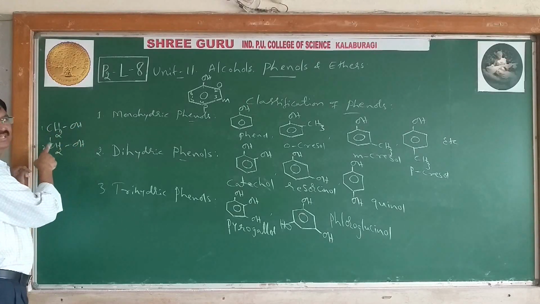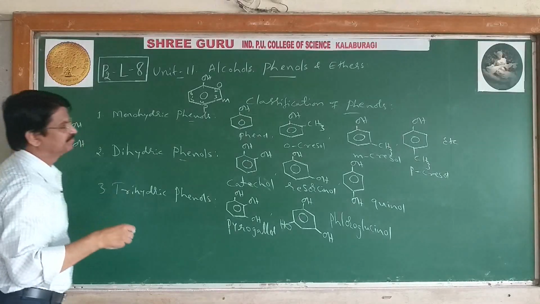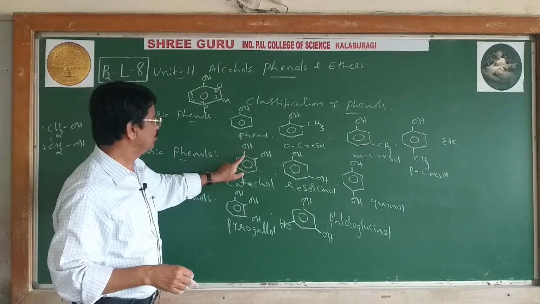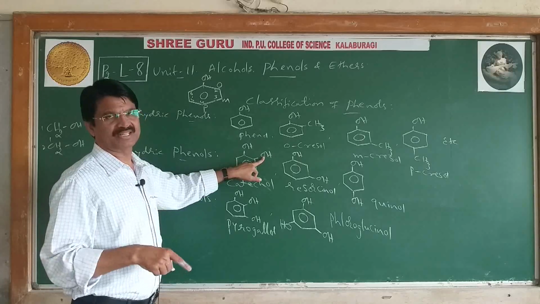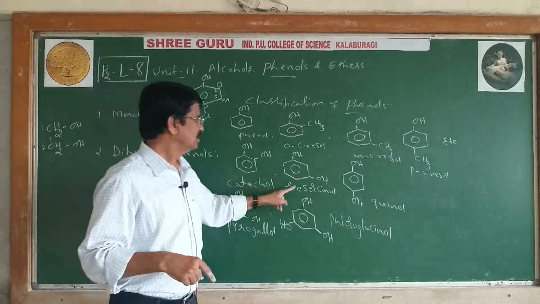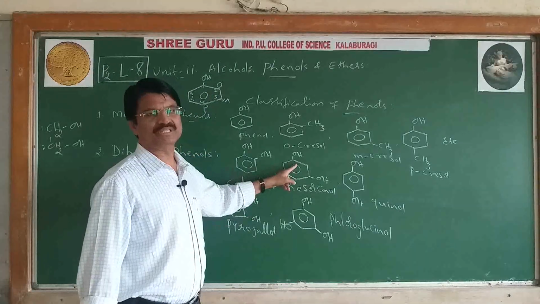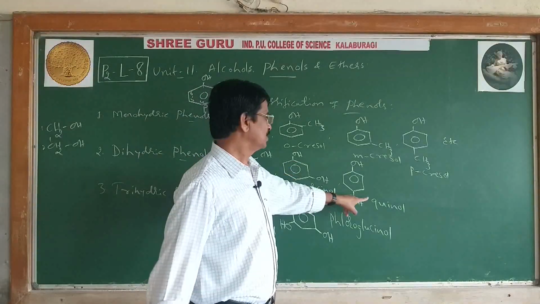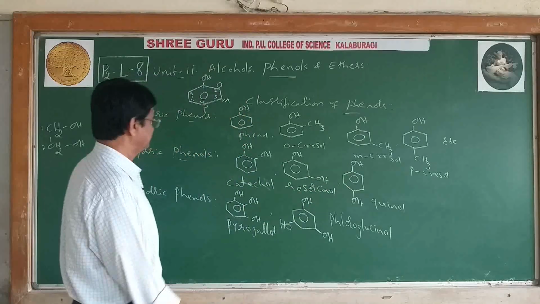The same type here: first you say benzene, then diol for two OH groups. Benzene 1,2-diol is catechol. Benzene 1,3-diol is resorcinol. And benzene 1,4-diol is quinol.